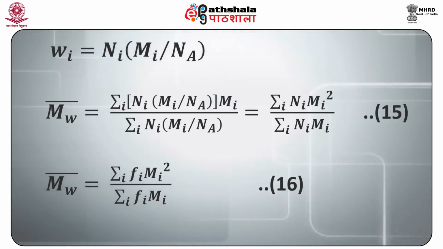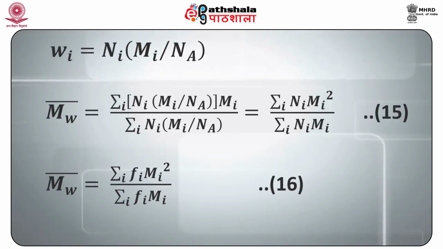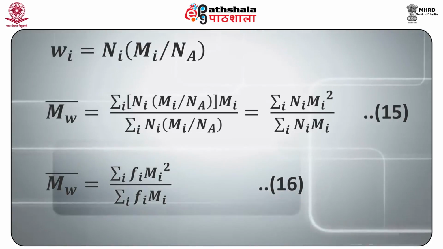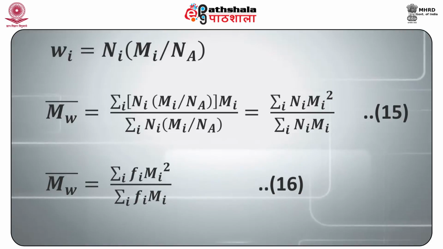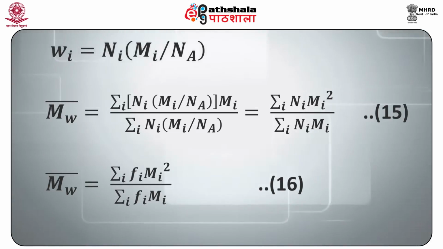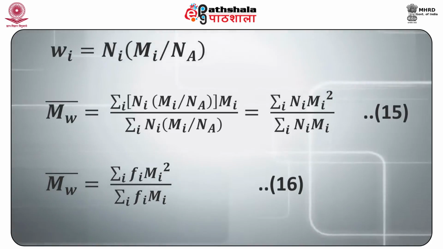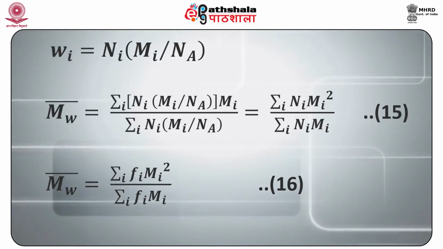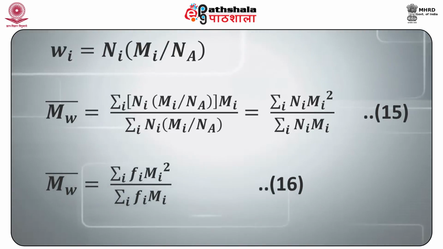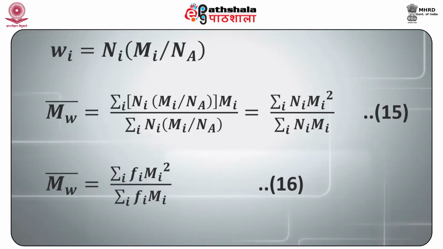As Wi is equal to Ni into Mi by Na, using this we get Mw bar equals summation Ni Mi by Na into Mi divided by summation Ni Mi by Na, which can be written as summation Ni Mi square divided by summation Ni Mi as equation 15.